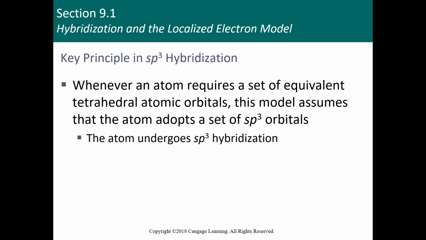All right, so whenever an atom requires a set of equivalent tetrahedral atomic orbitals, this model is going to assume that the atom adopts a set of sp3 orbitals. And remember, this is going to be a theory. If you don't remember the difference between a theory and a law, well, laws are what we observe, okay? They just are what we observe. They don't explain why.